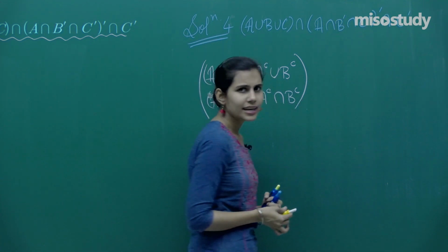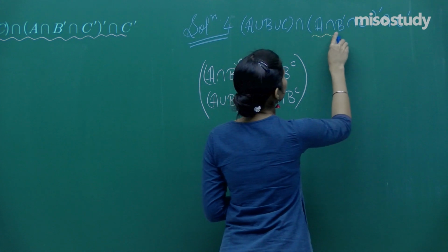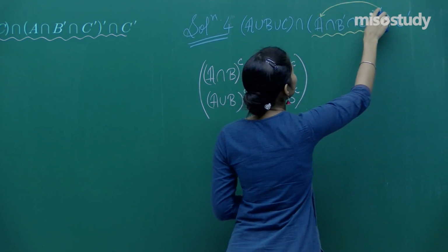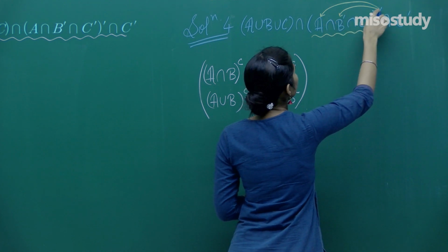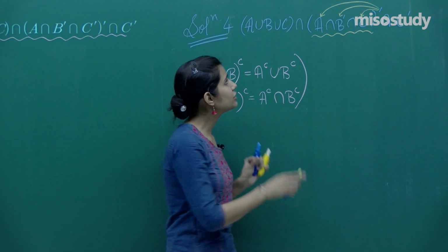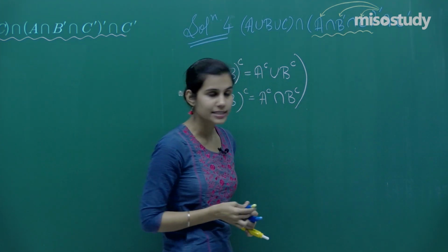Can you see something like that here? Of course, in this particular expression, I can take my complement inside individually to A, B complement and C complement at the cost of changing this intersection sign to union at both places.